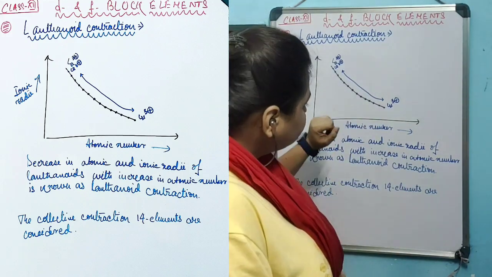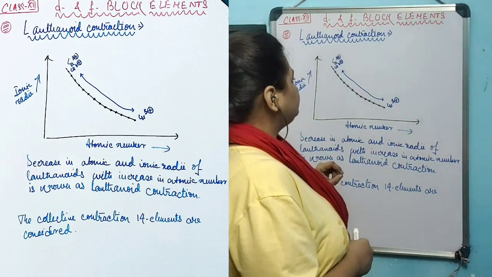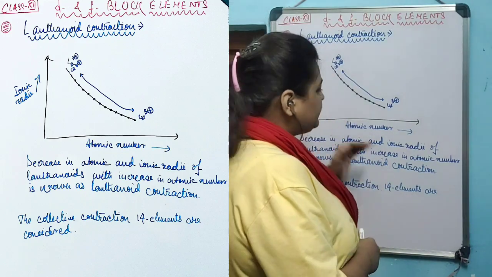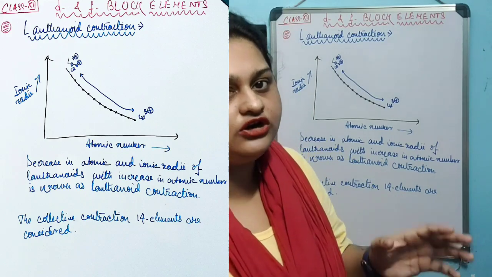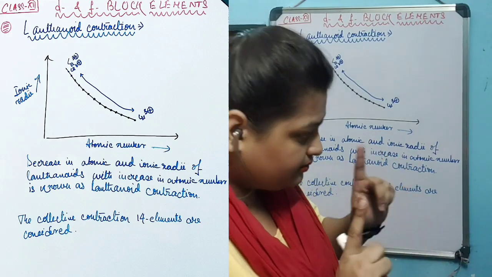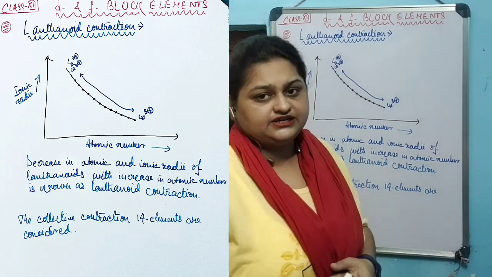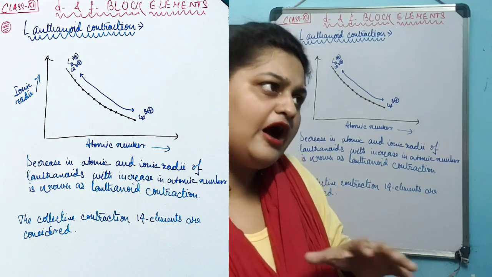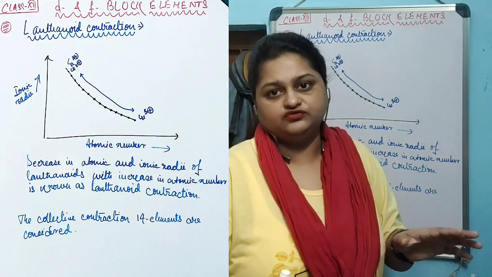Now, the magnitude of decrease in the radii from one element to the other is not that considerable, but the collective decrease over 14 elements gives around 20 picometers of decrease.